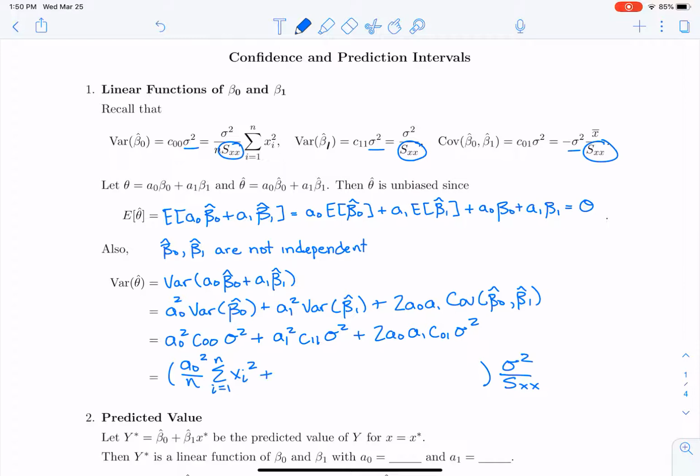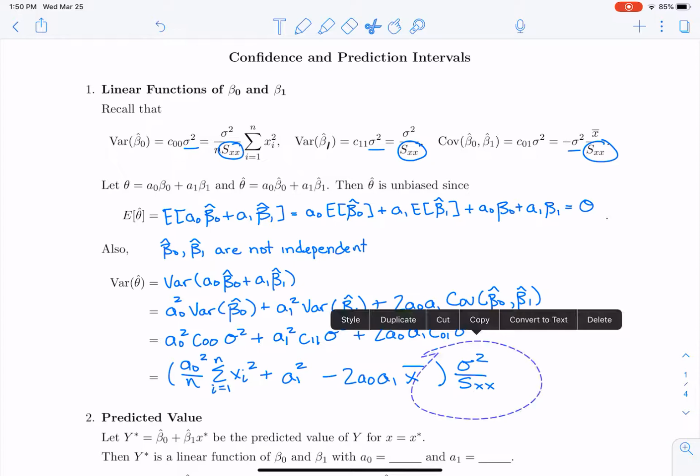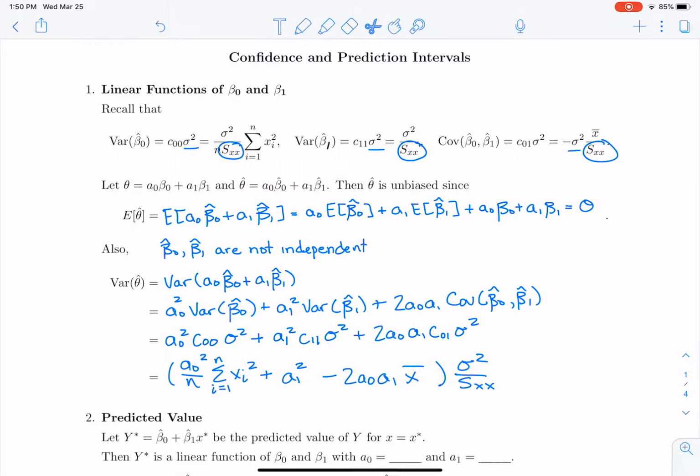And then an a1², when I replace c_11. And then minus 2 a0 a1 x bar when I replace c_01. So that gives us a form for the variance of θ hat.